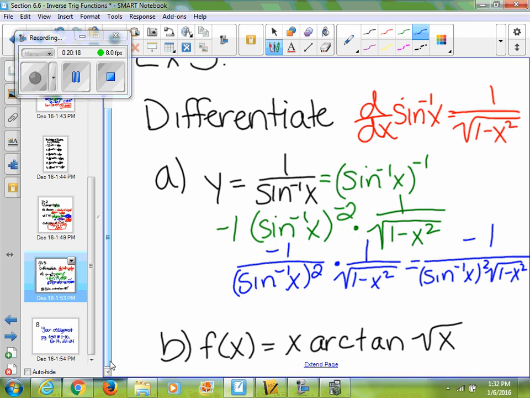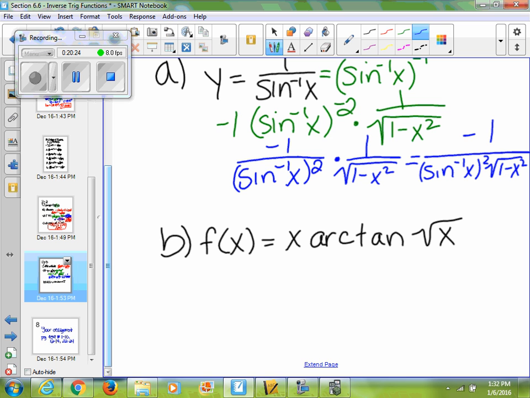And then the second part of that asks us to find the derivative of x arctangent of the square root of x. So I'm going to rewrite this arctangent as the inverse tangent of the square root of x. Write that here, more space.